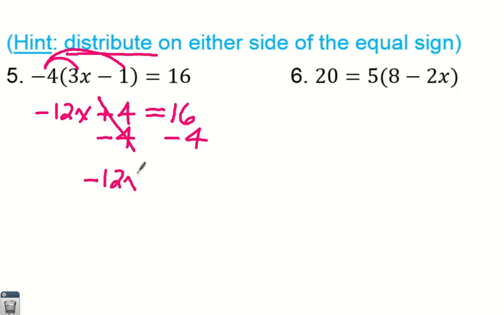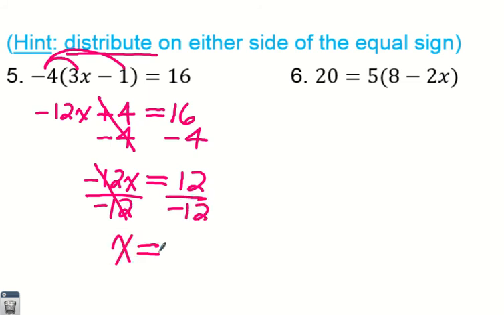So we still have a negative 12x over here because that's gone. 16 minus 4 is 12. Now I can get rid of this minus 12. This is minus 12 times x. So in order to get rid of that, I divide by negative 12. And so that gets x all by itself. And then over here, 12 divided by negative 12 is negative 1.